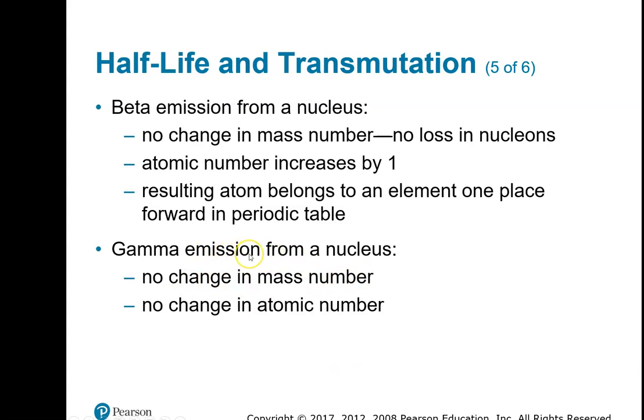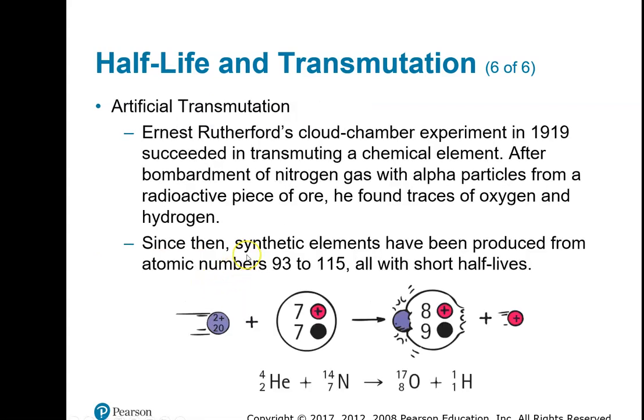All that's going on with gamma is the nucleus is in an excited state, and then when it emits a gamma particle, remember, it's just the highest energy electromagnetic radiation. It's a very, very dangerous type of radiation. But then all it does is the nucleus drops down in energy, from a heightened state to a lower state, but it doesn't change the nucleus.